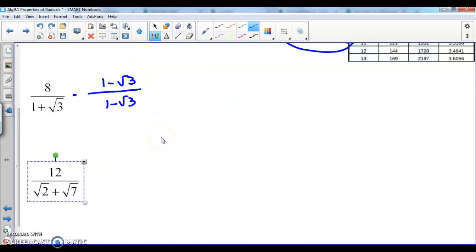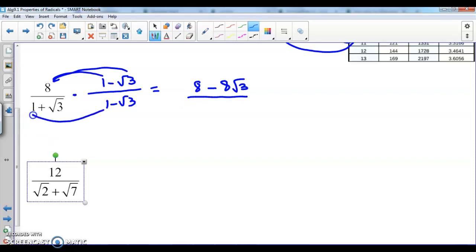Okay. So if we multiply the top together, don't forget distribute. There you go. So 8 times 1 is 8 minus, that's not 24, 8 stays outside, and then you write a radical 3. Next, do your difference of two squares pattern.